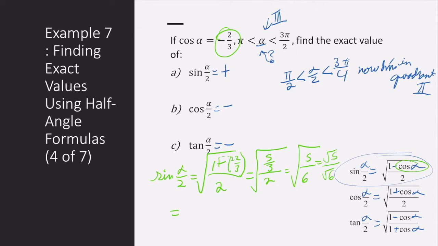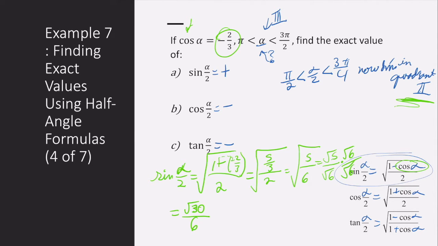No, no, no. So I'm going to multiply the numerator and the denominator by the square root of 6. So I get the square root of 30 over 6. So that's how I'd figure out sine of alpha over 2. I didn't have to figure out what sine of alpha was, all because everything's beautifully defined with cosine.